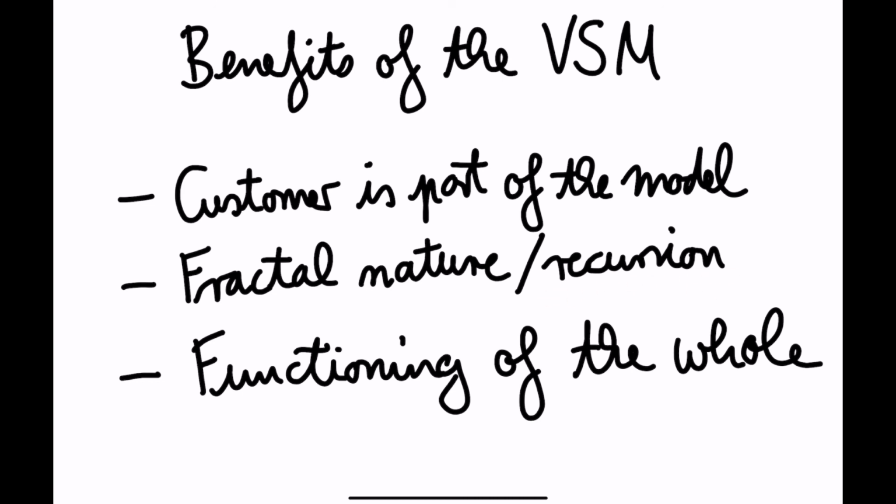And then, last but not least, it's about the functioning of the whole. That means the VSM leaves the user a huge degree of freedom in how to apply it. Even though you have certain boundaries and certain concepts inside that tell you a little bit about the what are the elements of a viable system, it does not tell you how to maintain them and how to bring each of these elements to life in order to create something that is then more than the sum of its elements.